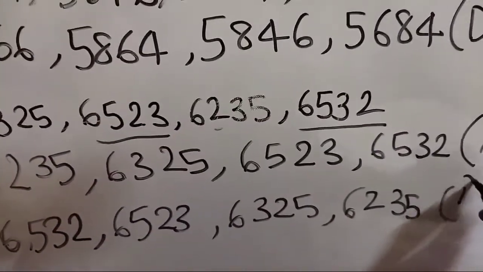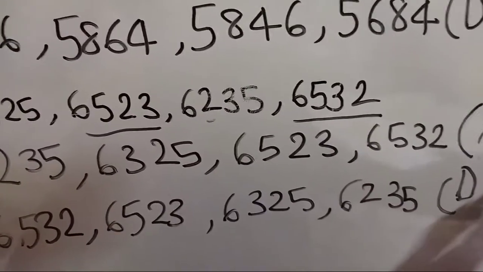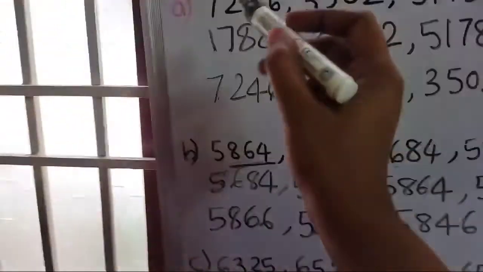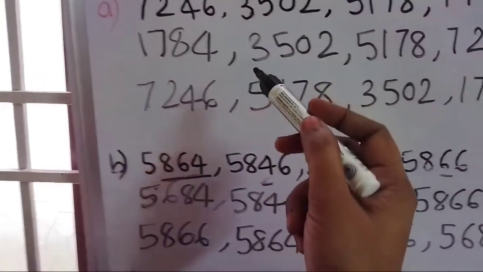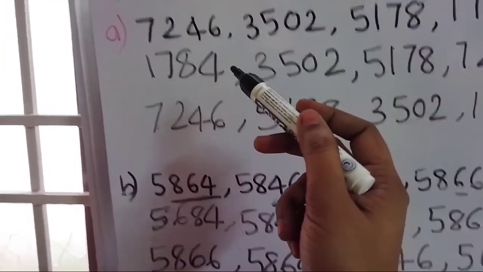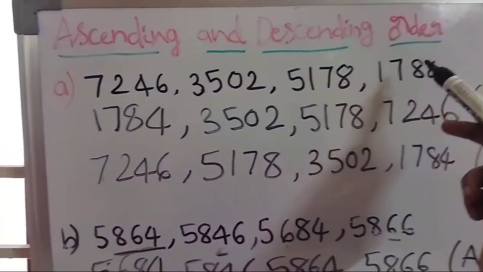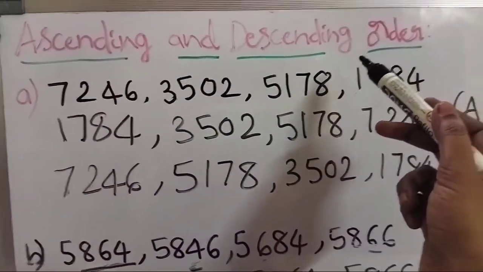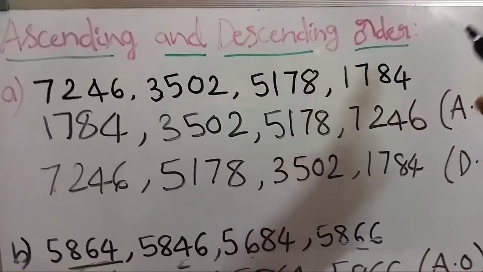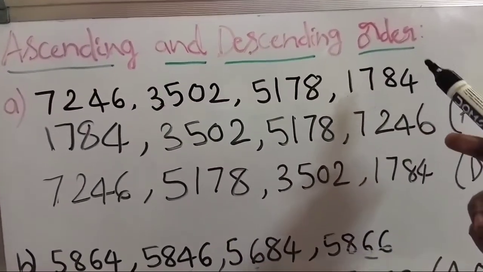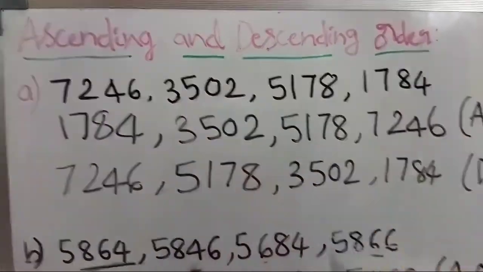This is the descending order of these numbers. What is the ascending order? The numbers arranged from the smallest to biggest is called the ascending order. What is the descending order? The numbers arranged from the biggest to smallest order is called the descending order.